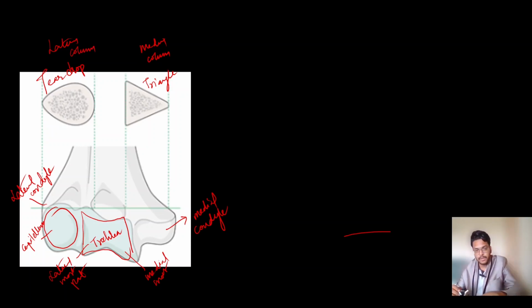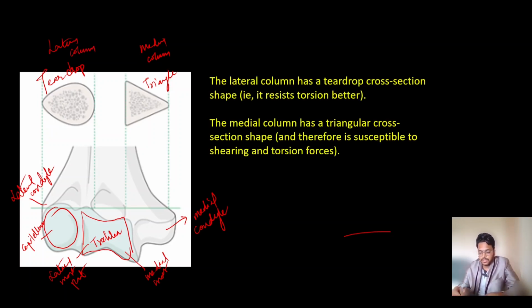Okay, so the lateral column is teardrop in cross section and it can resist torsional bending better, and the medial column is triangular, so it will be more susceptible to shearing and torsional forces. Okay, so which breaks in shearing and torsional forces first? The medial column will break first.